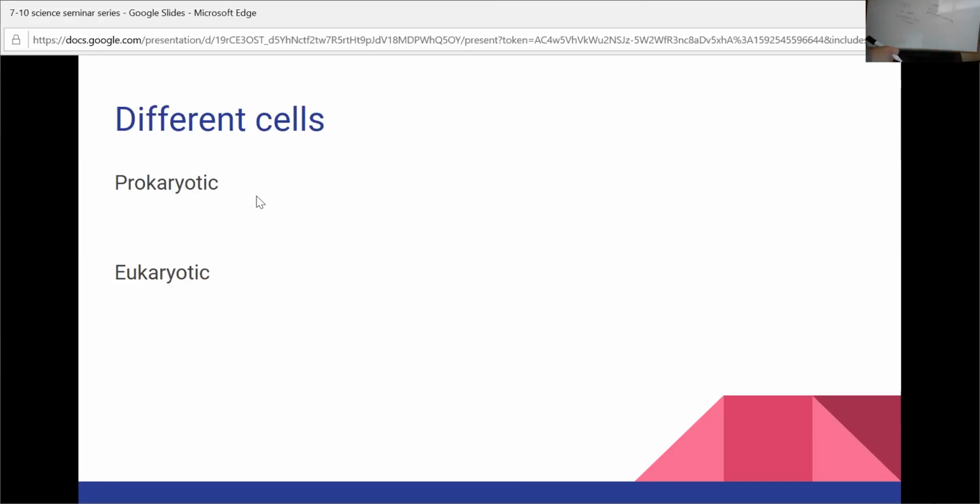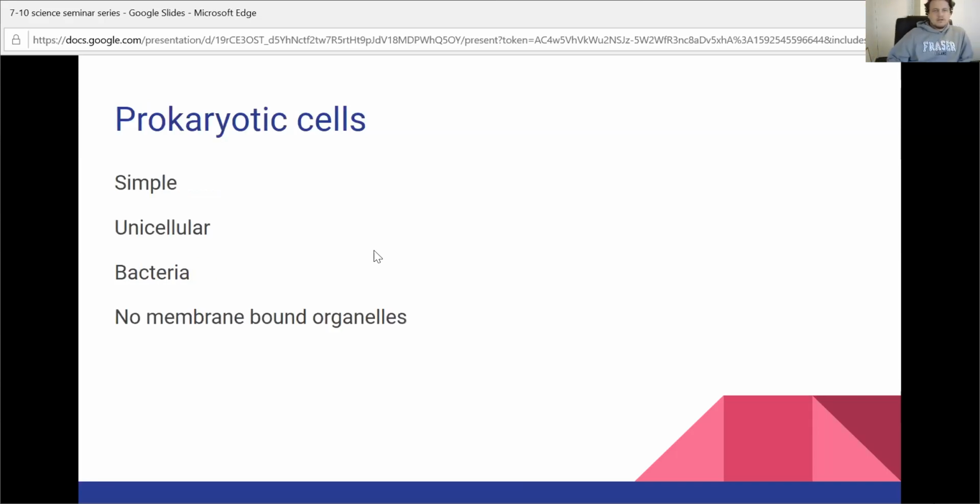So, easy way to remember: eukaryotic is eu. We are complex. We are multicellular. And prokaryotic: simple, unicellular, and typically bacteria or archaea.